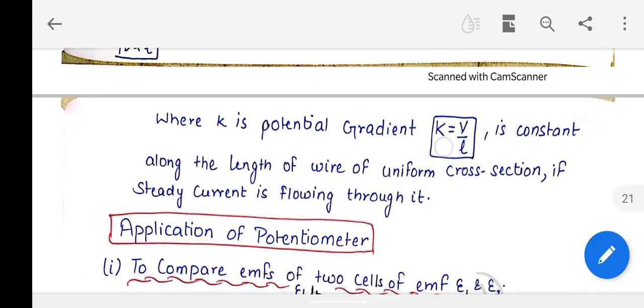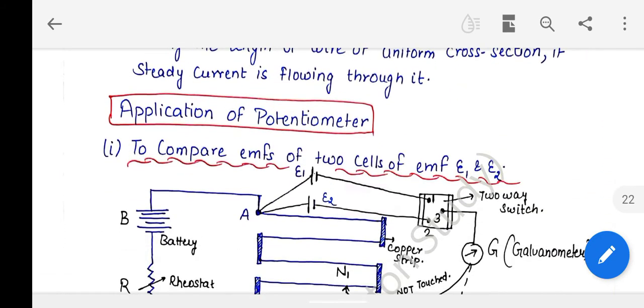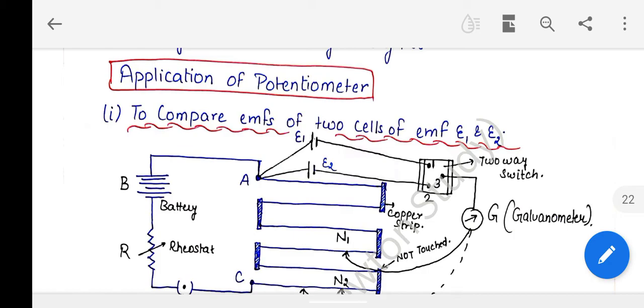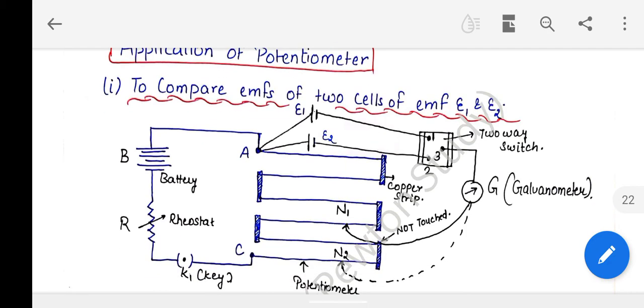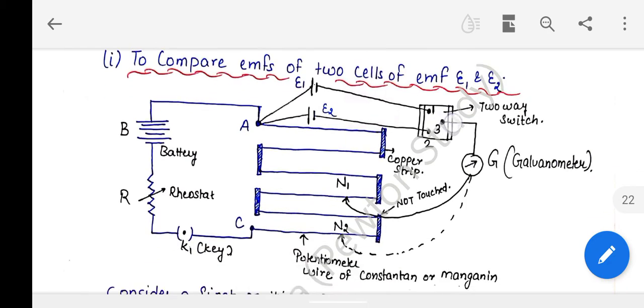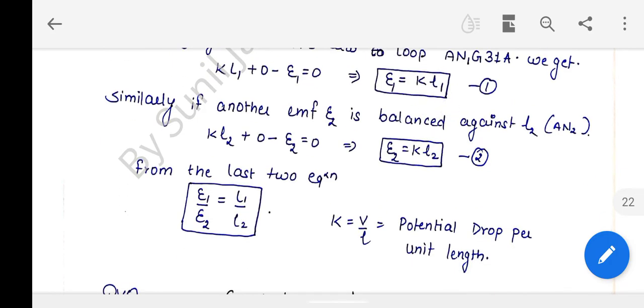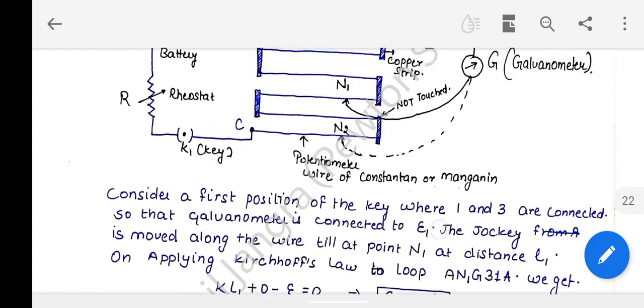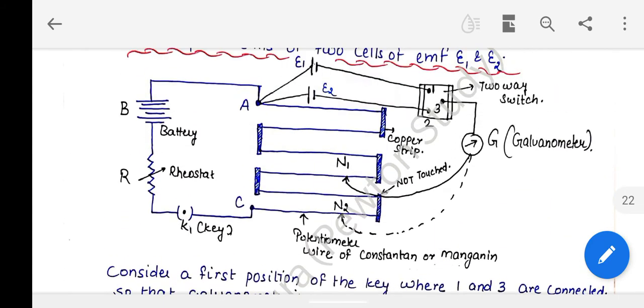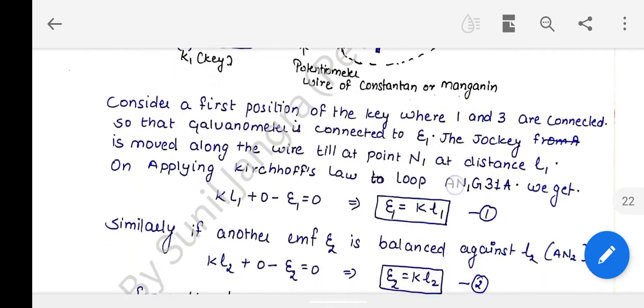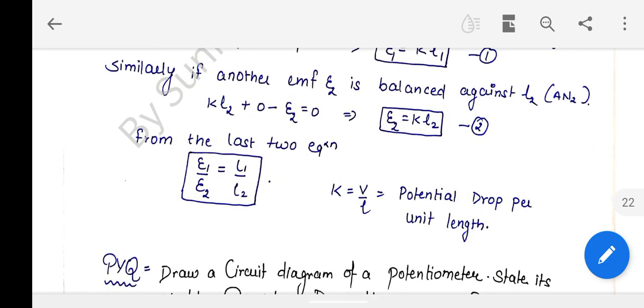K is called the potential gradient. So what are the applications of potentiometer? Potentiometer is used to compare the EMFs of two cells. You get the expression E1 by E2 equals L1 by L2. L1 and L2 are your null points. Null points are where the galvanometer deflection is 0.